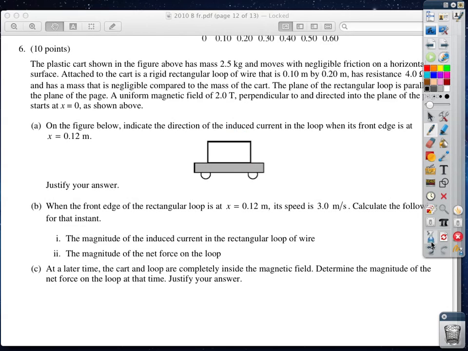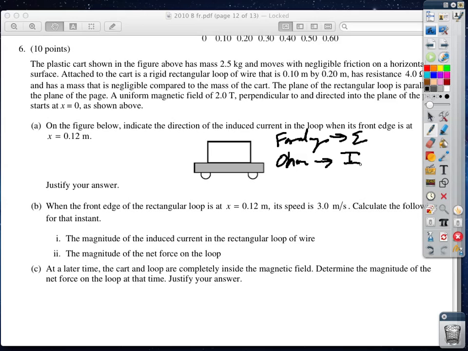So again, you use Faraday to get the EMF, then you use Ohm to get the current. That's how we find that answer.